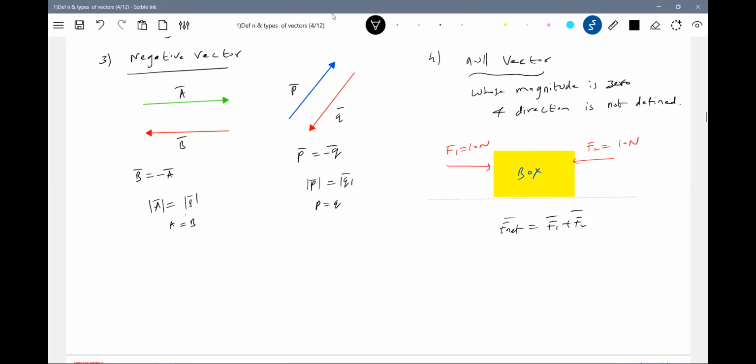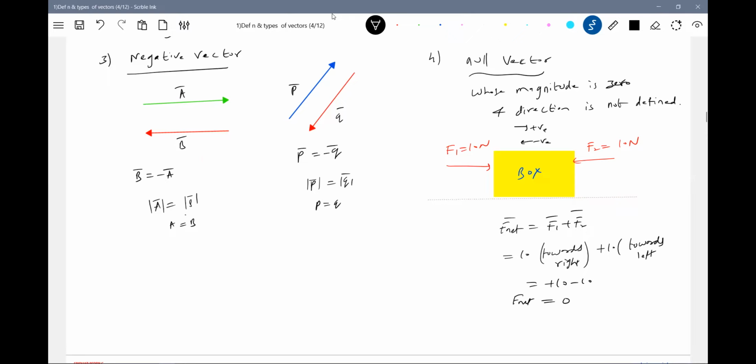This will be 10 towards right, the force, and the other one towards left. Anything directed towards right is positive, towards left negative. So this will be plus 10, minus 10, this will be 0.